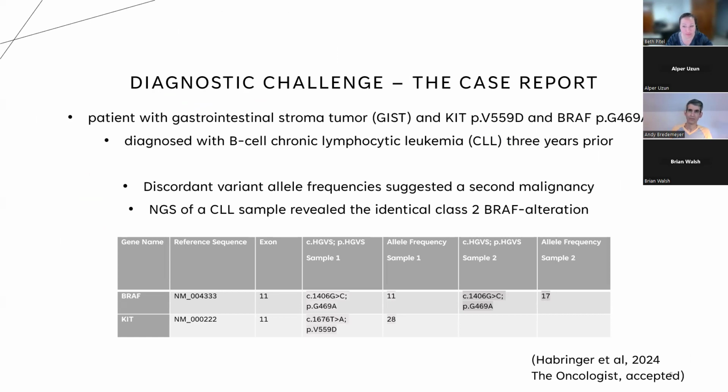And what you see here is that we had discordant variant allele frequencies, which suggested that we had a mixture in the sample of the KIT, which is sample 1, versus the CLL sample. But basically what we started with was this information on sample 1.